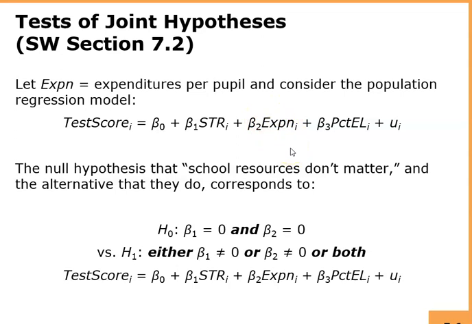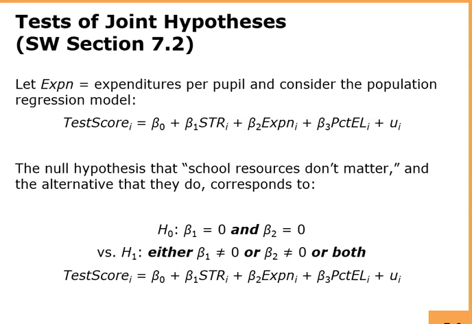Expenditure per pupil as well as student-teacher ratio are both indicators of school resources, because student-teacher ratio is usually lower in schools with higher budgets. Similarly, expenditure per pupil would be higher in schools with higher budgets.